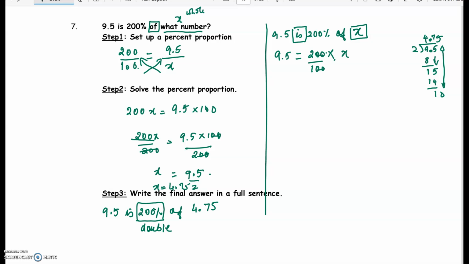So this is 9.5 equals 2x. And then of course divide both sides by 2 to get the exact same answer, which is 4.75.